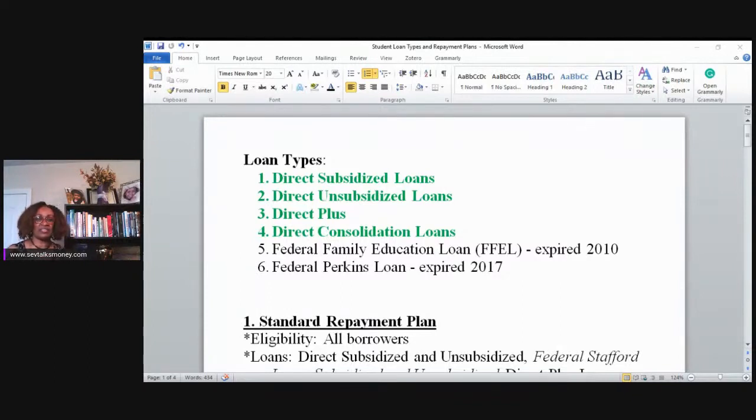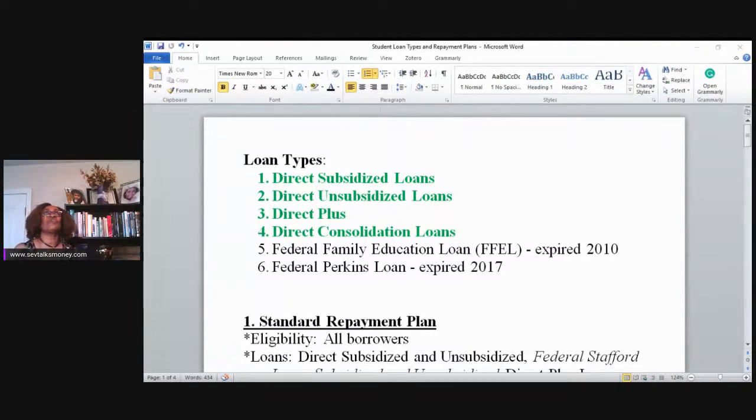Okay, the next set of loans is the Direct Plus, and this is where parents can get the Direct Plus parent loan. They can borrow on behalf of their kids, and there will be a credit check.